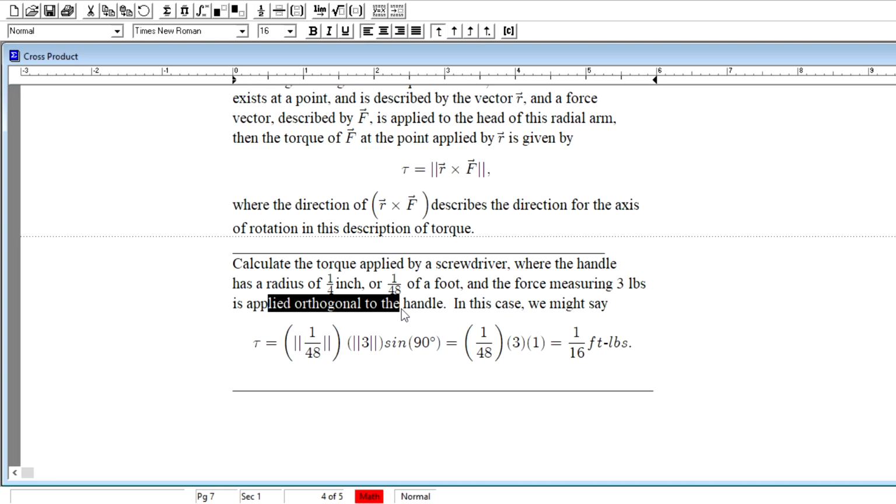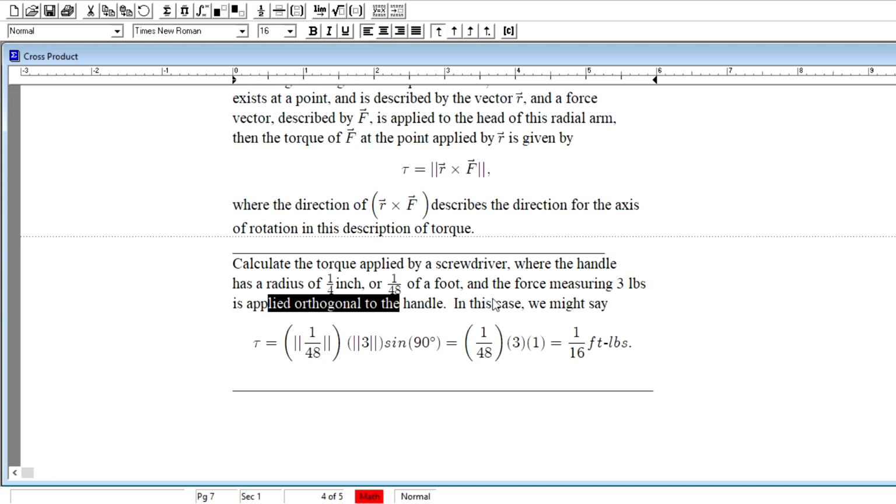We might consider that as the behavior of our hand as it twists that screwdriver handle. It really is applying that force in its full potential, which would be at a direction orthogonal to the handle, the edge of the handle, or the edge of the radial arm that is forming the handle.